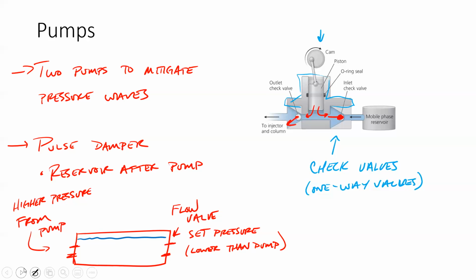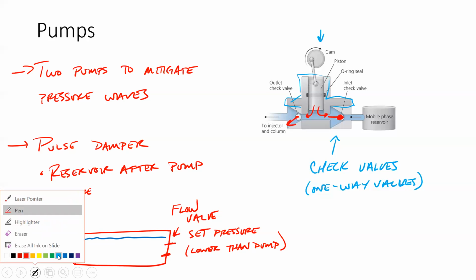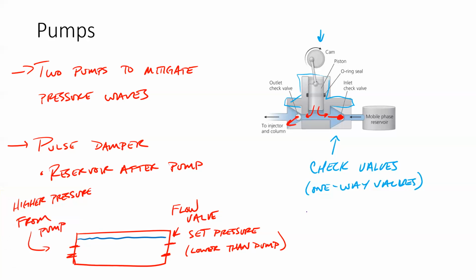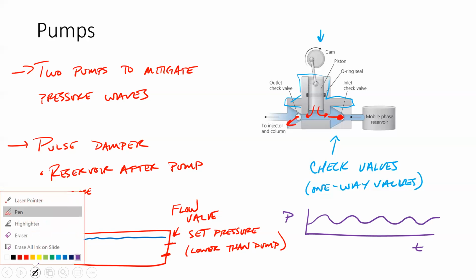So again, let me draw our little pressure versus time. This is how you can get away with only having one pump. Have a pulse damper.